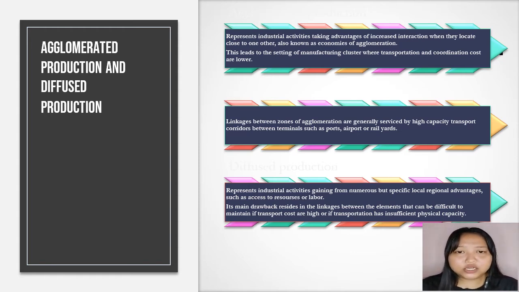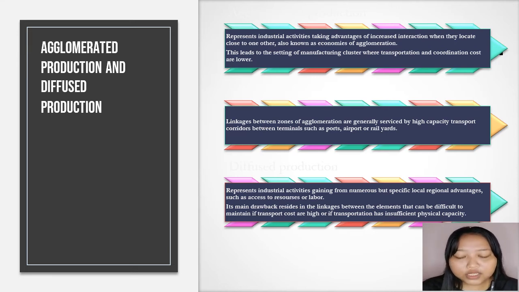Agglomerated production represents industrial activities taking advantage of increased interaction when they locate close to one another, also known as economy of agglomeration.